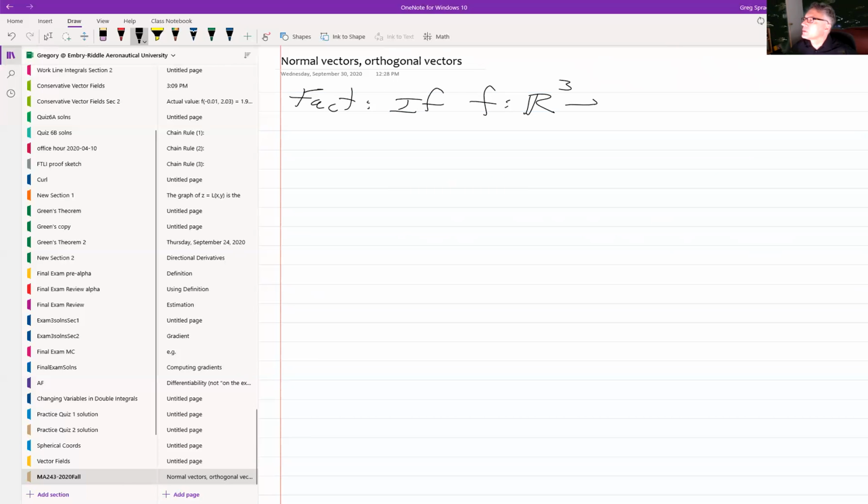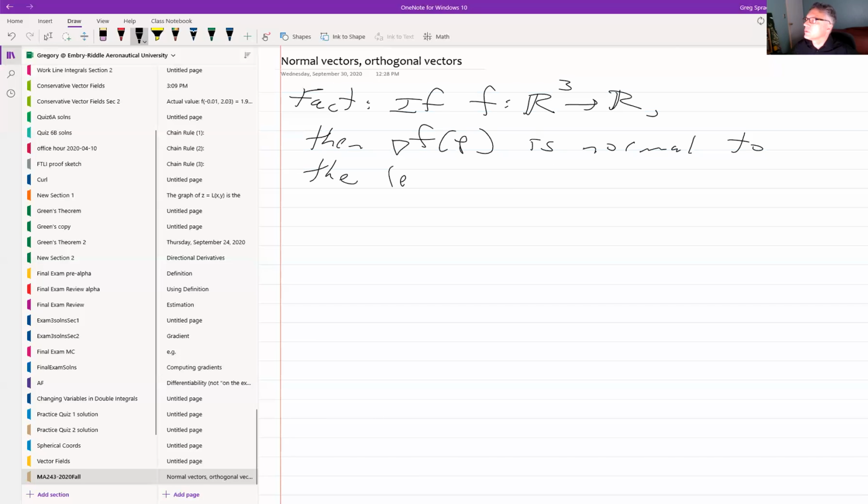So if we have a function f of 3 variables, and we take the gradient of f at p, that's normal to the level surface of f that goes through p.